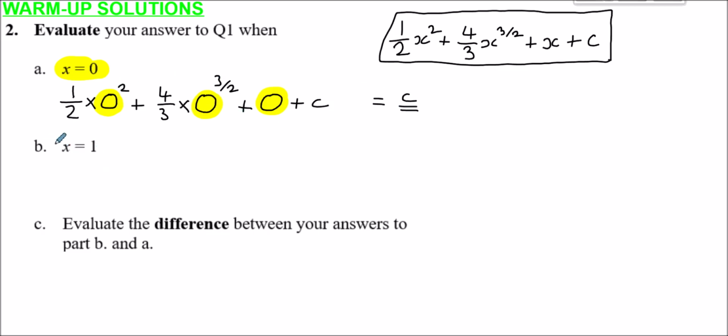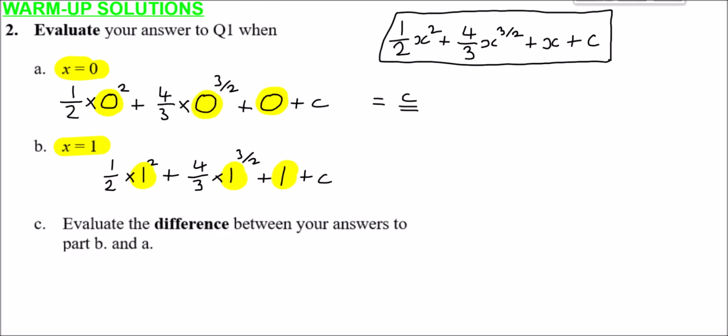And so if we substitute in x equal to 1 into this expression, which we derived from the first question, we're going to have half multiplied by 1 squared plus 4/3 multiplied by 1 to the power 3/2 plus 1 plus c. Now, similar to when we were doing powers of 0, powers of 1 are also pretty easy to deal with. 1 to any power is just going to give us 1.